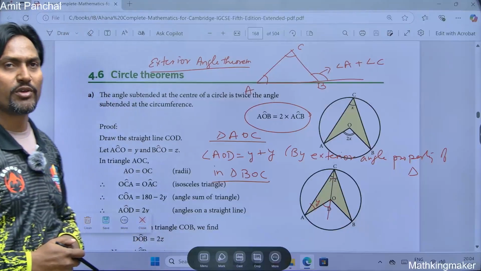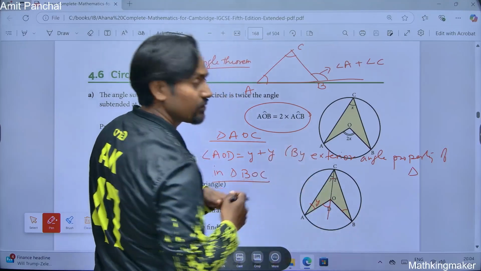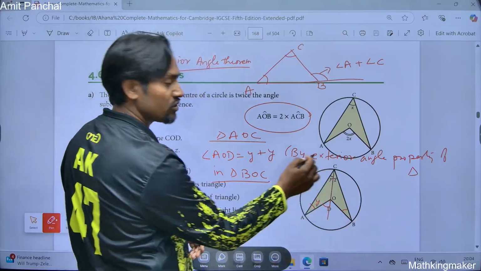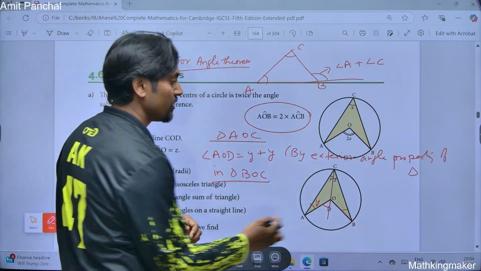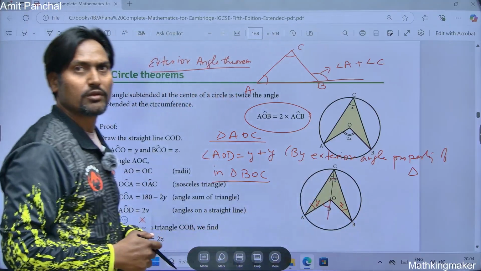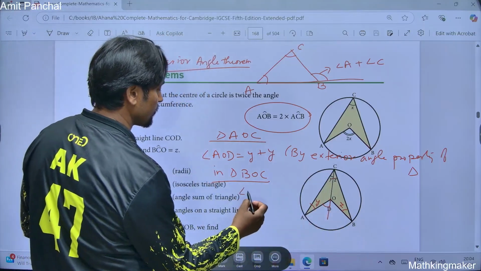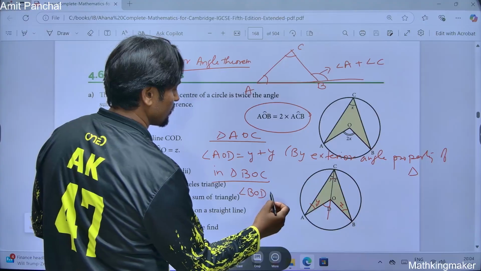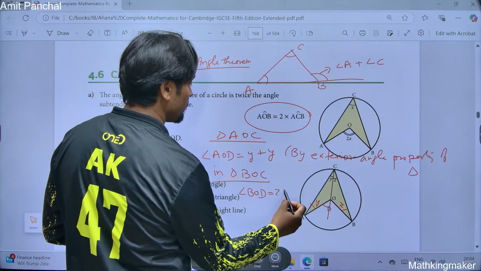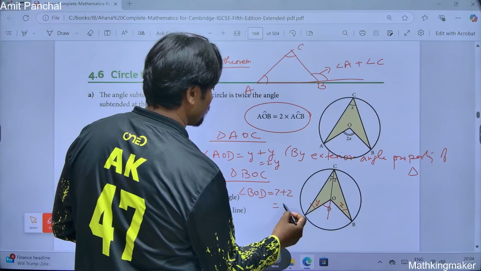Can you tell me what this angle will be? Because BOC will also be an isosceles triangle, that angle will be Z only. So what will be BOD? Angle BOD will be Z plus Z, that is 2Z.